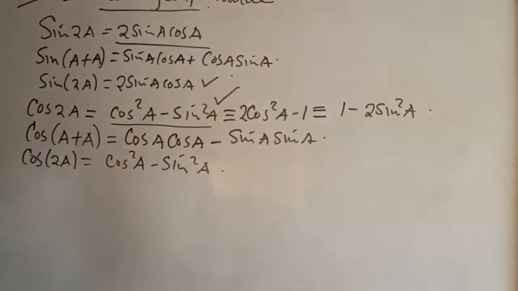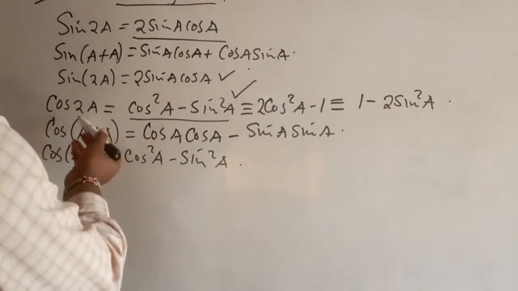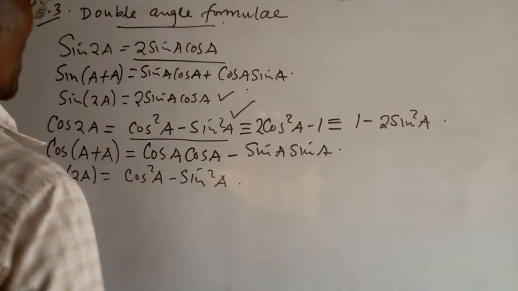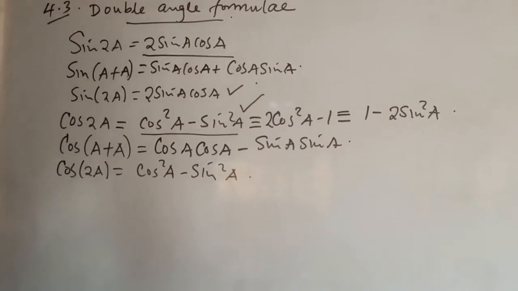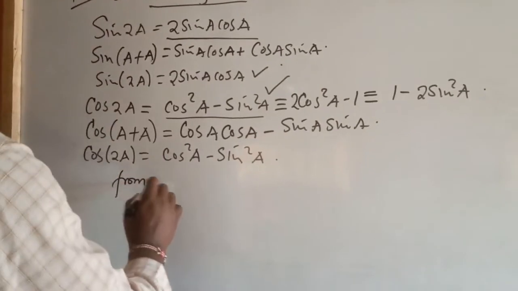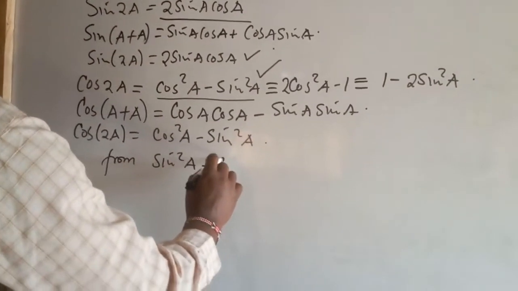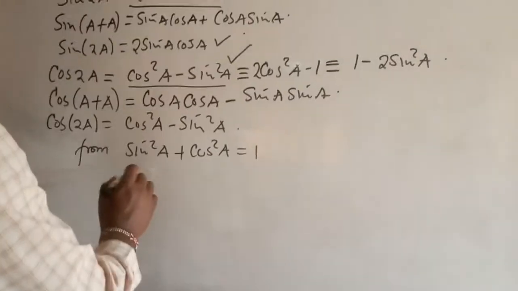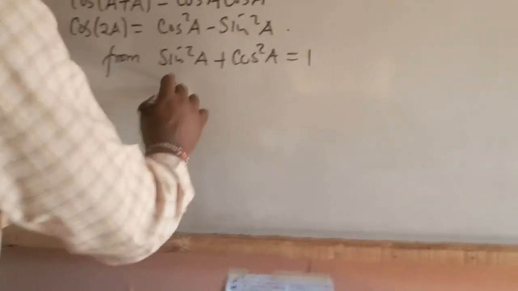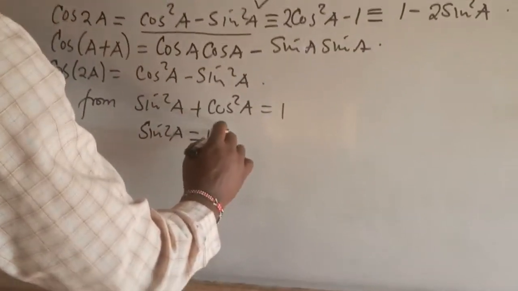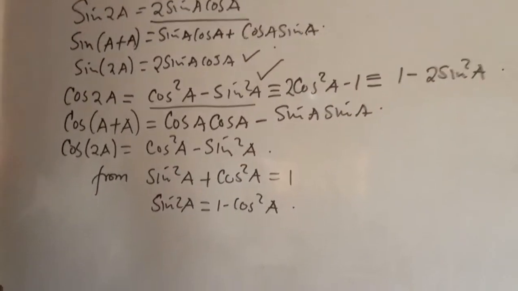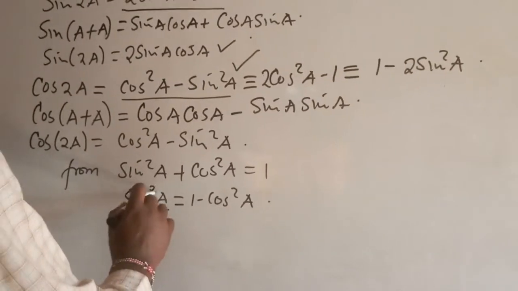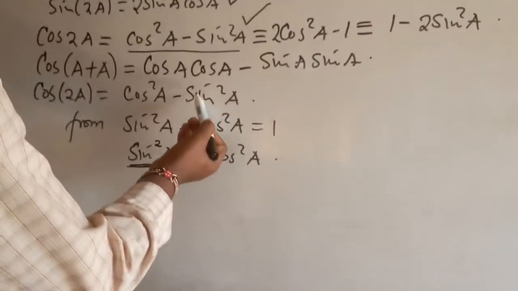How then do we get the others? Because we need to prove that the cosine 2A is also equal to 2 cosine squared A minus 1. From the very primary understanding, which we know, the sine squared of A plus the cosine squared of A gives us 1, it follows that we can express the sine squared of A as equal to 1 minus the cosine squared of A. We can substitute the sine squared of A here.